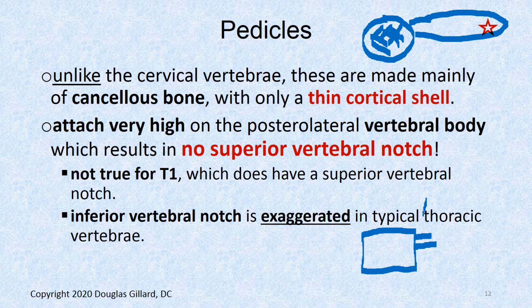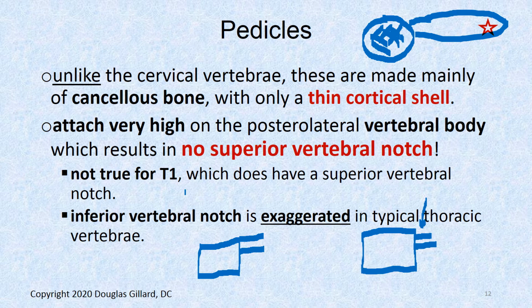That gives us a little room to have a superior vertebral notch here. But on thoracic vertebrae, pedicles come right off like this. So that's weird. That's why you don't have a superior vertebral notch there.